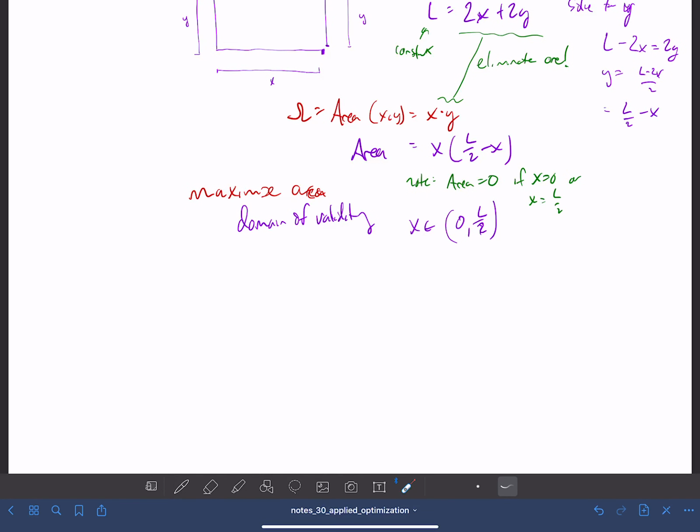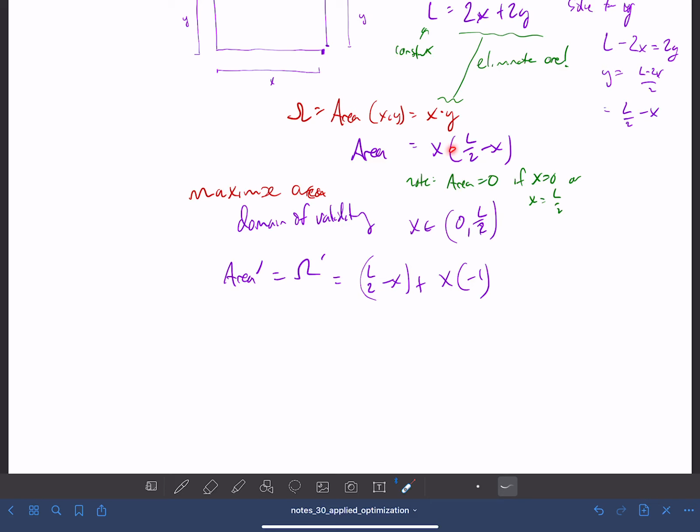All right. So I've got area, so I'm going to take area prime. Let's call it omega prime. That's equal to L over 2 minus x plus x times minus 1. I use the product rule on the area function.